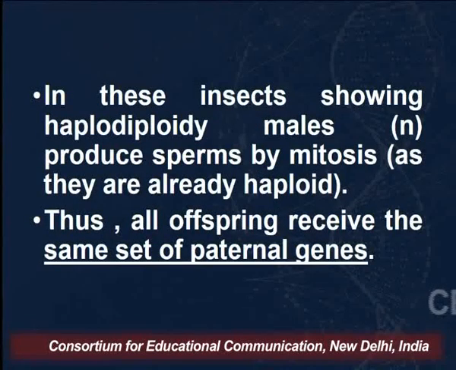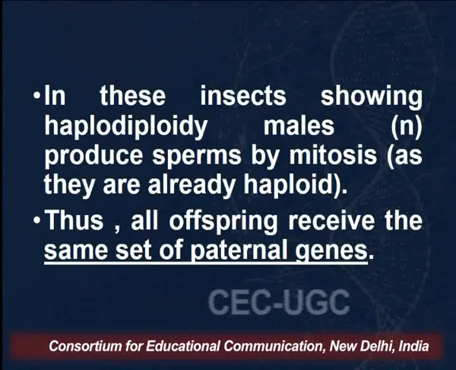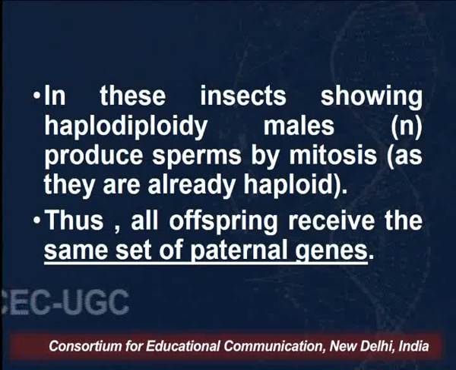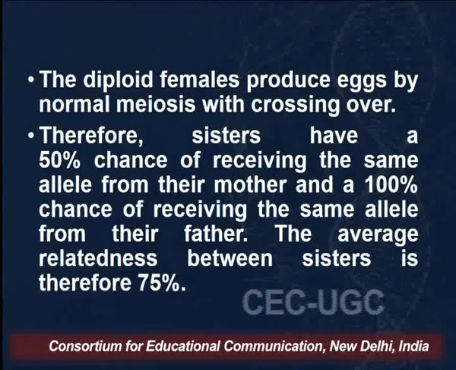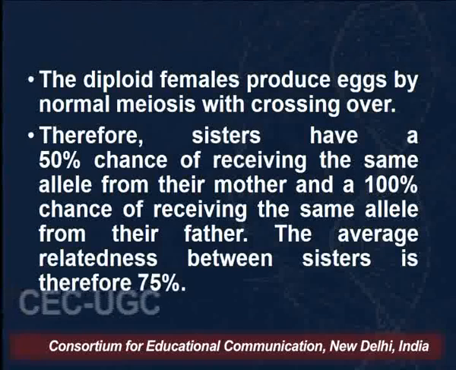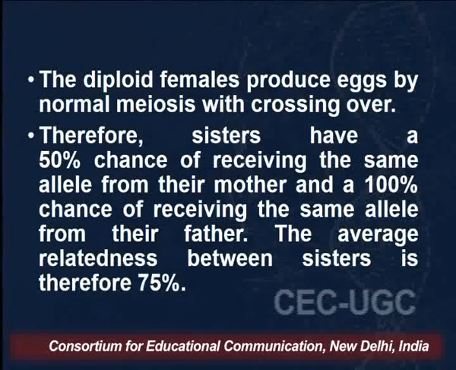However, in the case of these insects that are showing haplodiploidy, the males are going to be producing mitogametes, and therefore the same set of parental genes will be received from the paternal parent. Whereas the diploid females in these insects are absolutely normal because they show meiosis and crossing over.